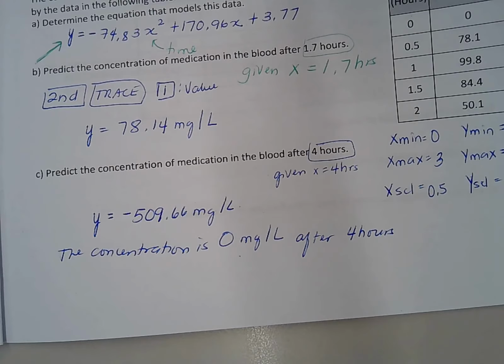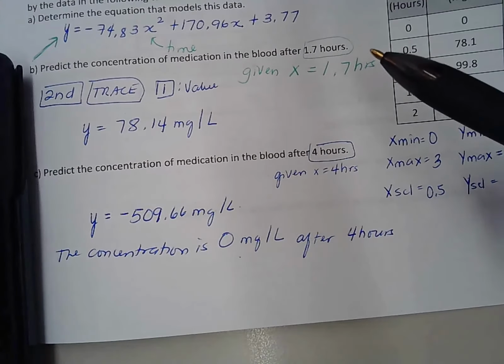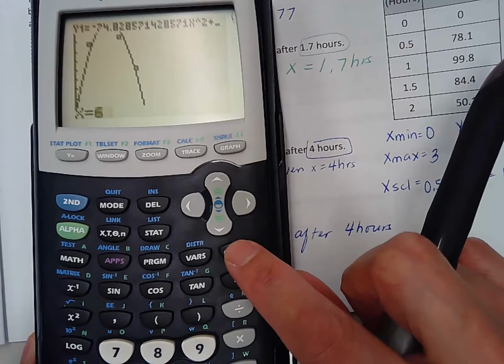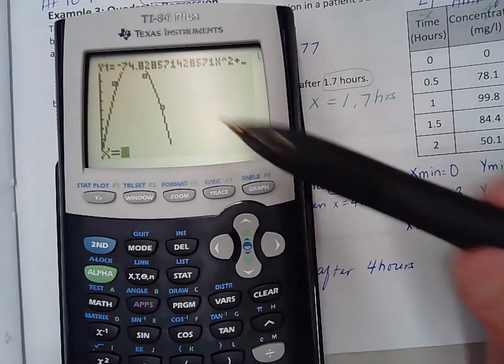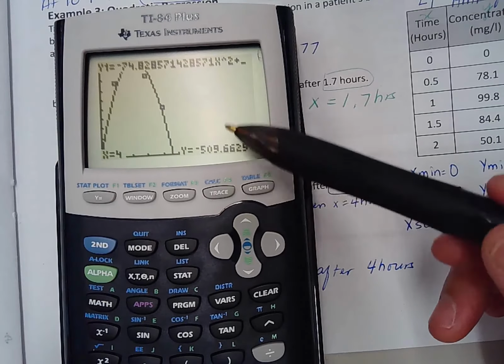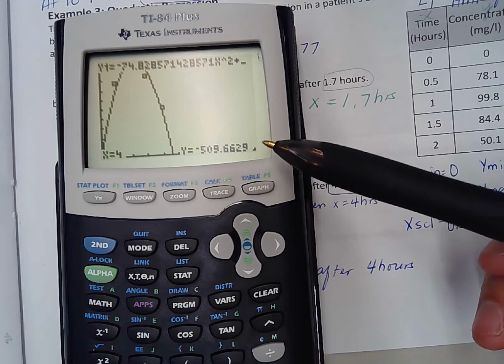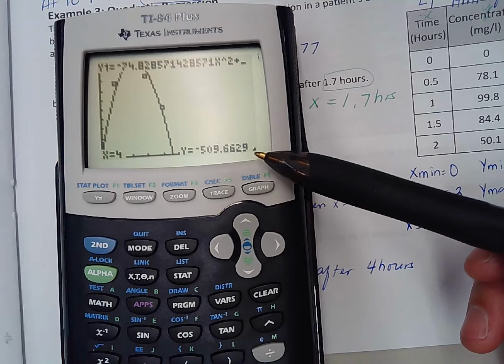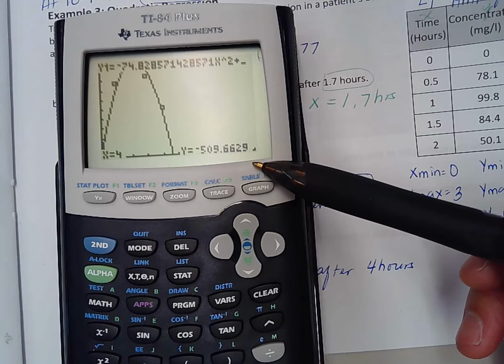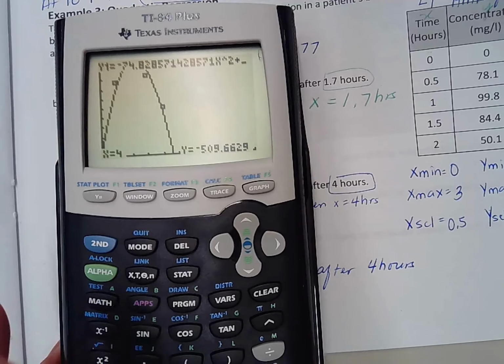If we follow the model, the y would be negative, but in reality, you can't have that negative amount of medication in your system. Okay?